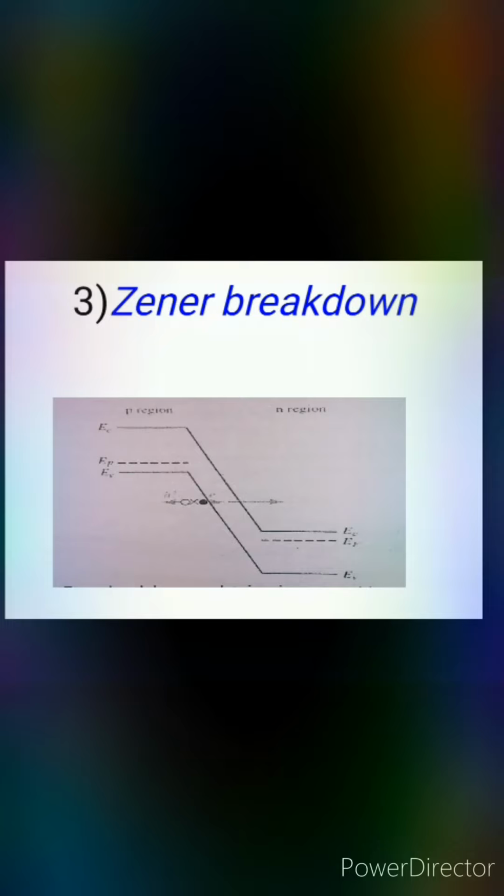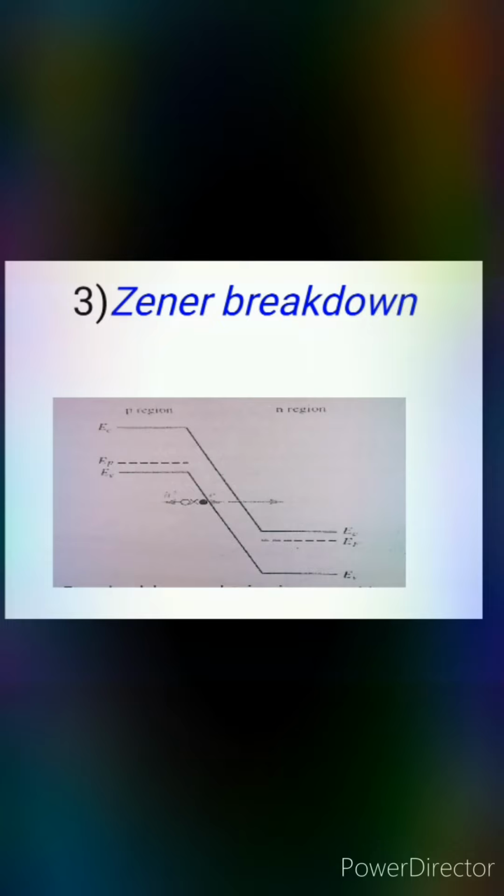The increase in temperature decreases the breakdown voltage. Next, the VI characteristic of Zener breakdown has a sharp curve, whereas in avalanche breakdown it was not that sharp; it was a different curve. This type of Zener breakdown occurs in diodes which are highly doped, as the breakdown depends on the doping density of a junction.